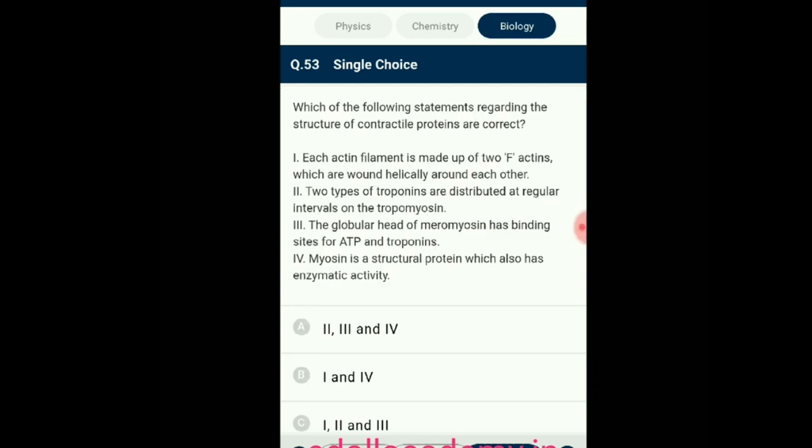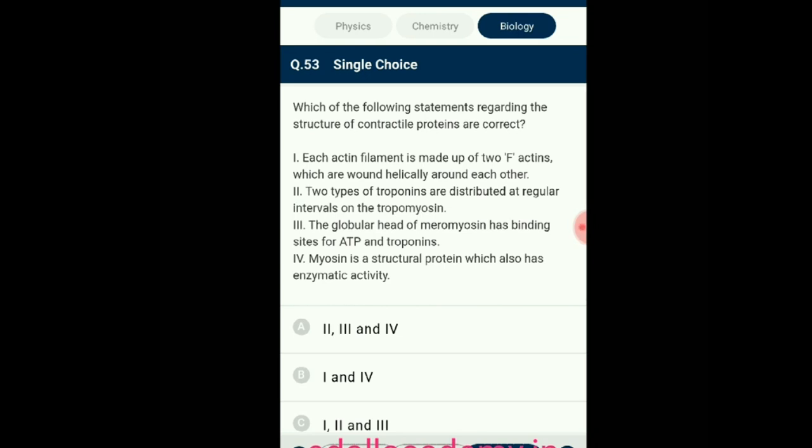Question number 53. Which of the following statements regarding the structure of contractile proteins are correct? 3 types of protein: troponin T, troponin I, and troponin C are distributed at regular intervals on the tropomyosin. The globular head of the meromyosin is an active ATPase enzyme.